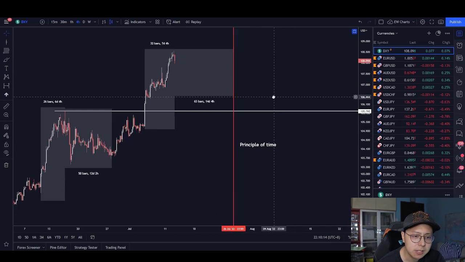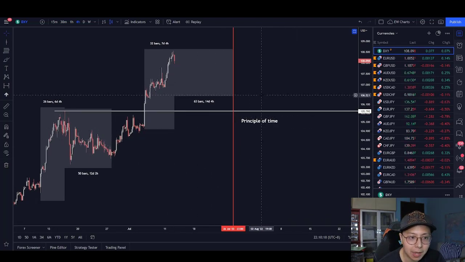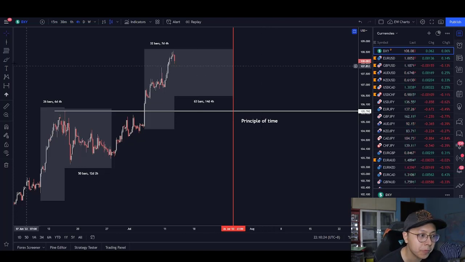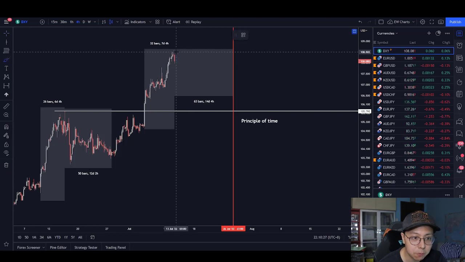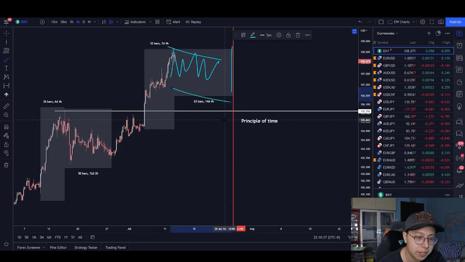So this little technique kind of gives you an idea, if you're focusing on this particular instrument, it can be anything. But in this case, of course, we're looking at the US dollar. There's a good possibility from now, again, nothing's 100%, that from now until the end of July, we're probably going to see the dollar start to consolidate within this range.